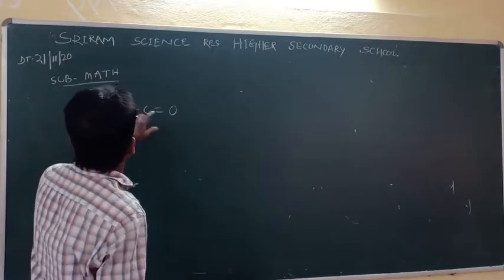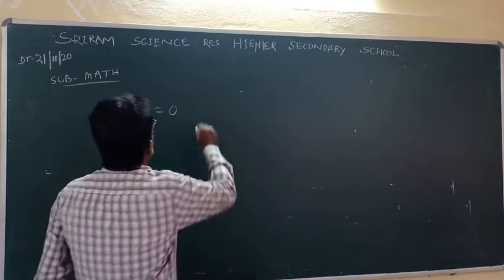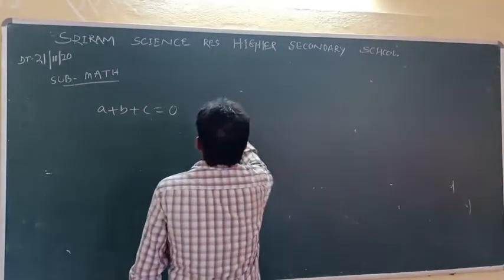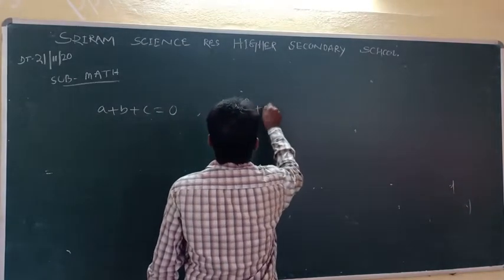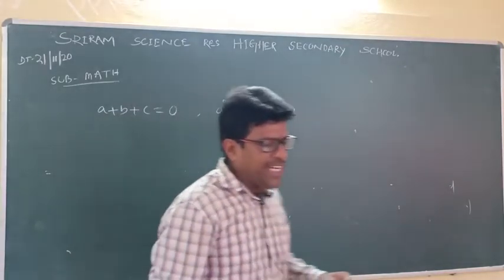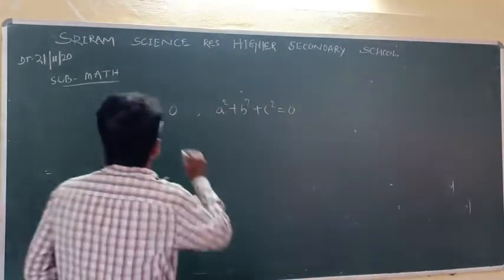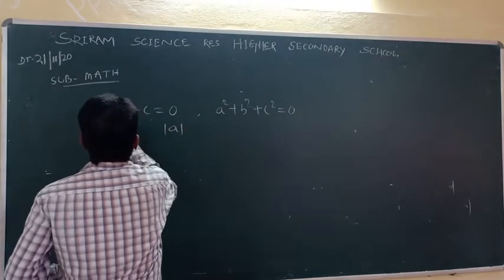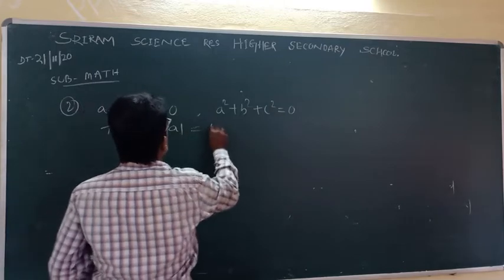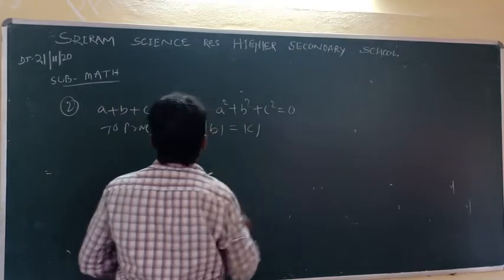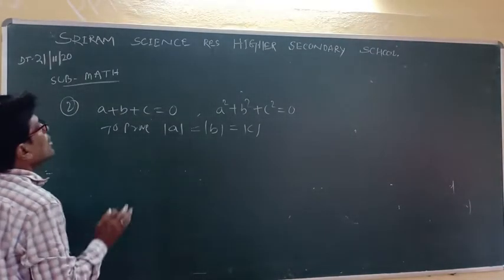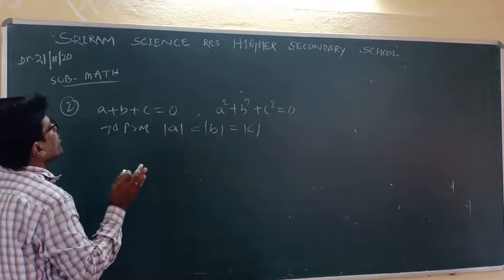Also given a square plus b square plus c square is equal to 0. Two conditions given. We have to prove modulus of a is equal to modulus of b is equal to modulus of c. It is more important than number 1. You look at how we are going to prove this.